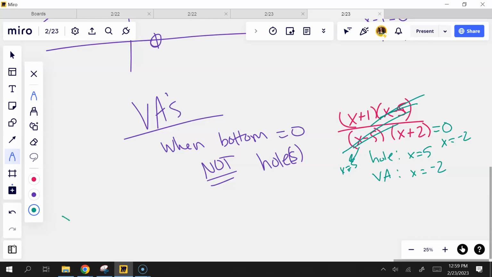What if there's only one? Then there's no vertical asymptote. No holes on this one. Two vertical asymptotes happening at x equals 3 and x equals negative 2.